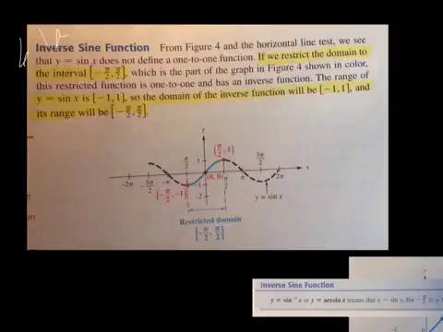But if we make the determination to make this graph only go from here to here, then this part of the graph is a one-to-one relationship because our lines do not cross our graph at more than one place.